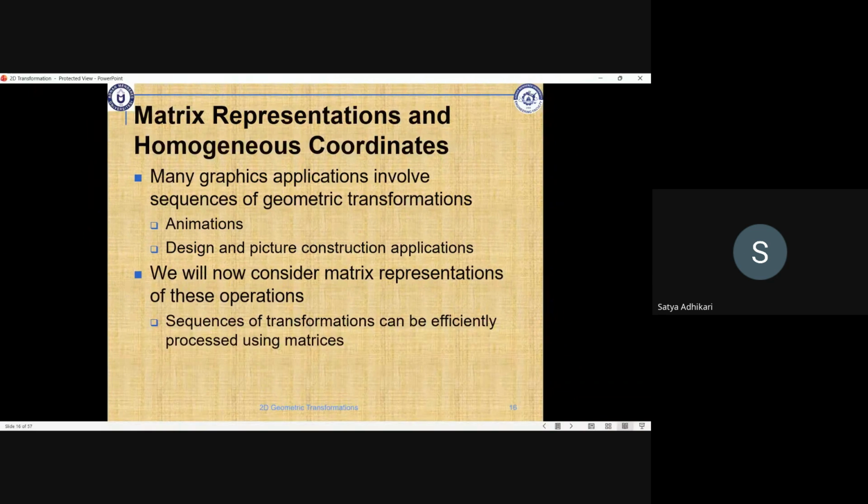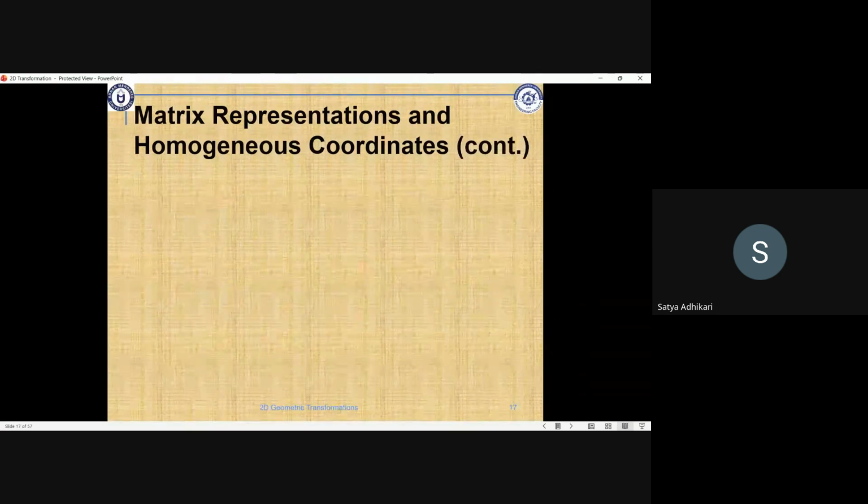But those coordinates are not homogeneous. Let us see what is homogeneous.